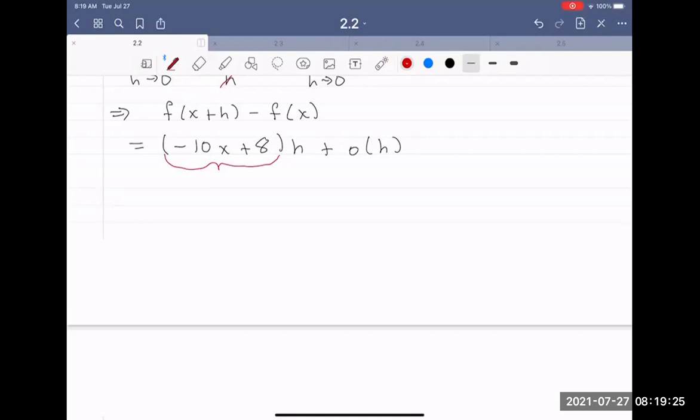So this is my df sub x. Here is my h. And this is my little o of h.